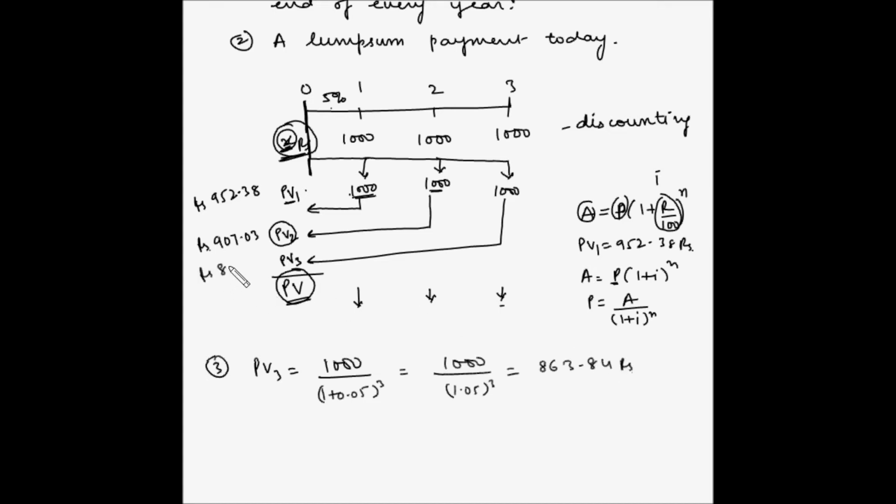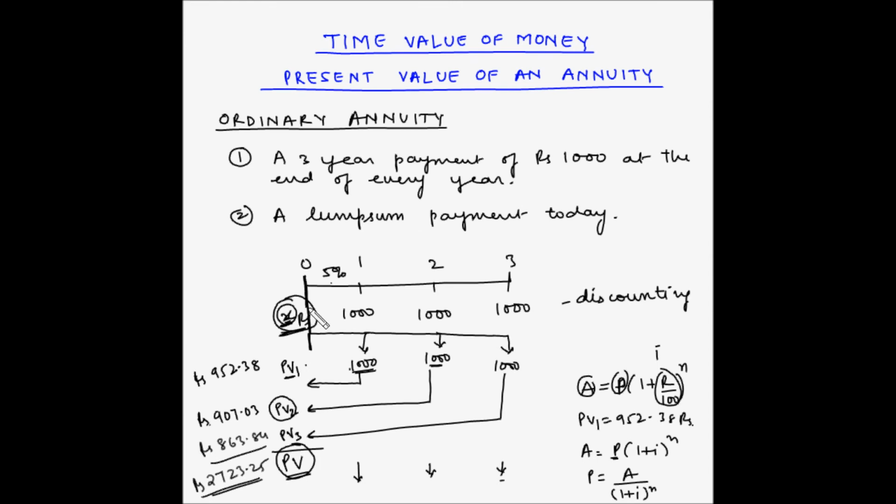So let's find out the total. So the total is 2723.25 rupees. So this is the value of X, which if invested at 5%, then we can withdraw 1000 rupees at the end of first year, 1000 rupees at the end of second year, and 1000 rupees at the end of third year.